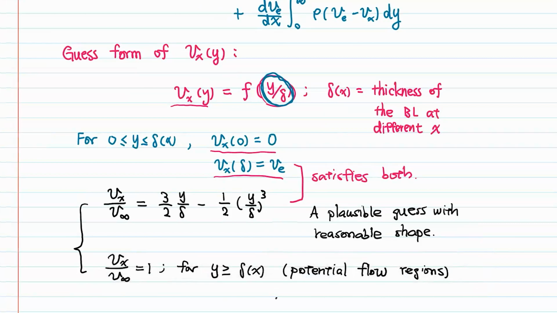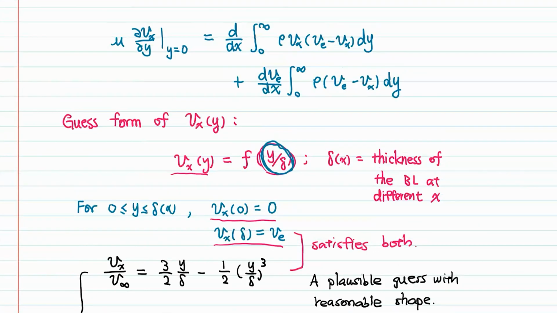Okay, so basically this satisfies the no slip condition at y equals 0. And also importantly, there's a third condition that must be met.